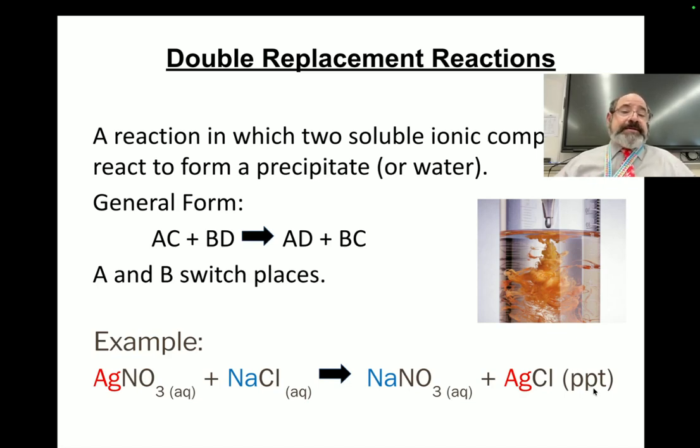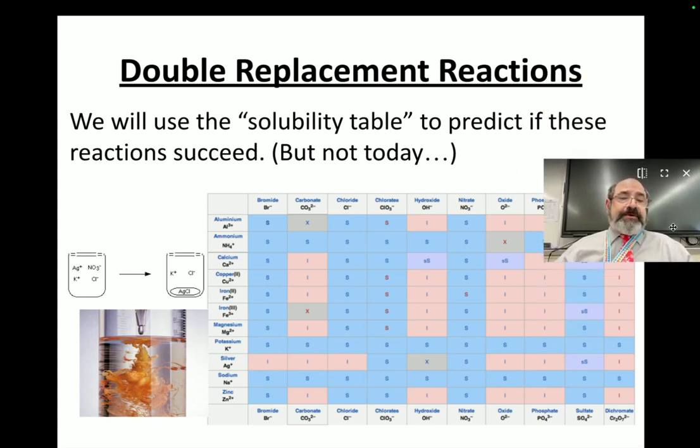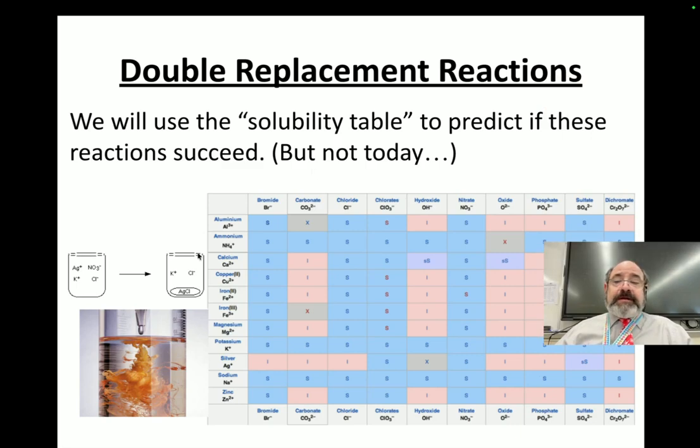How do you know it precipitates? I'll show you in the next slide. So this precipitation reaction does go. Okay, so how do we know if it's soluble or not? Use a solubility table like this. And what you can do is you say, oh, let's see, ammonium and bromide is soluble.